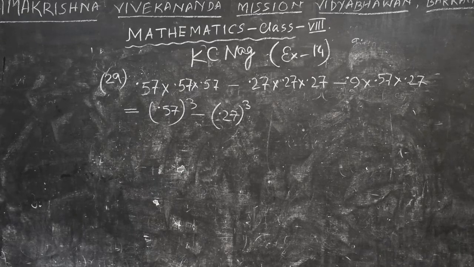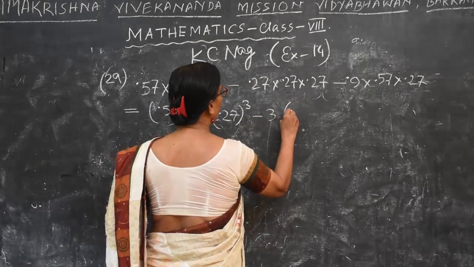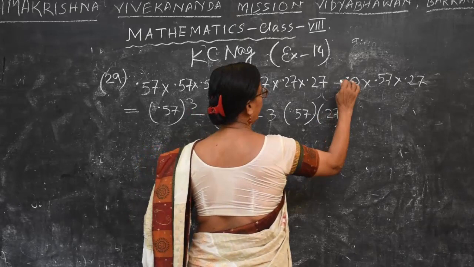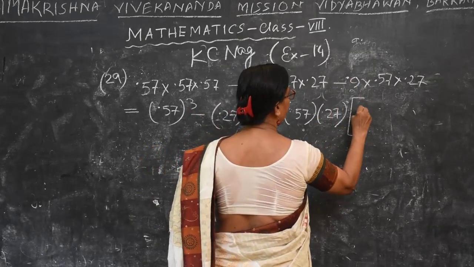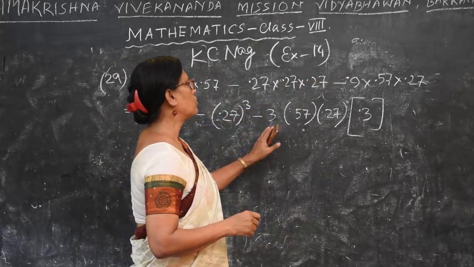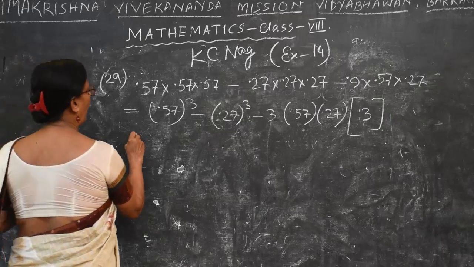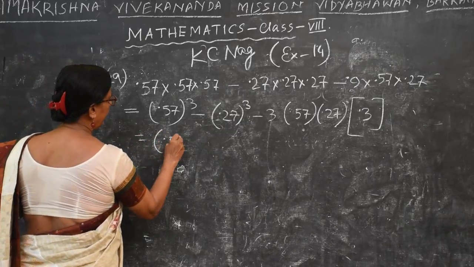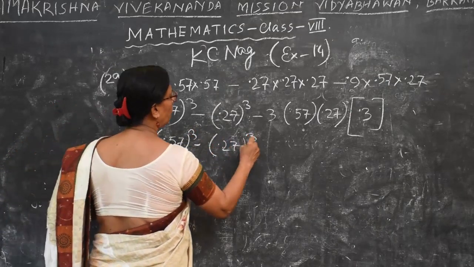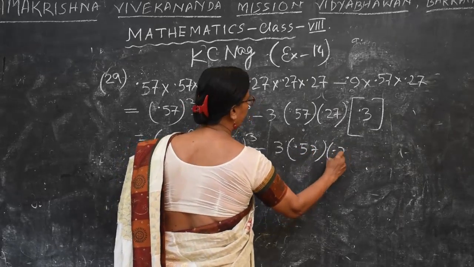So the next one is 3AB into minus B, so minus 3 into A into B. And what is left is 0.3 because 0.9 is given. So 3 into 0.3 gives the 0.9. So that's why we adjust it: A cube minus B cube minus 3 into A into B.